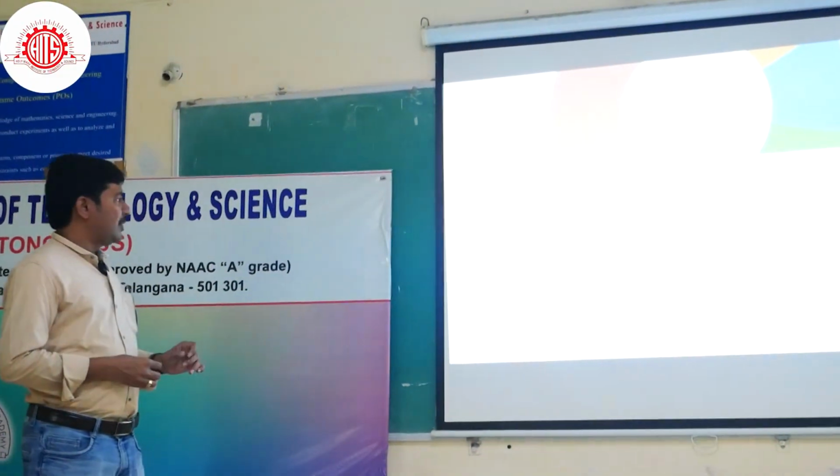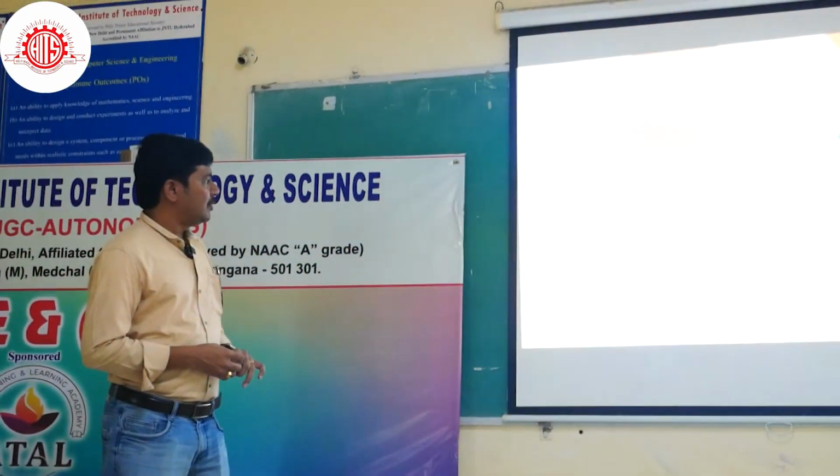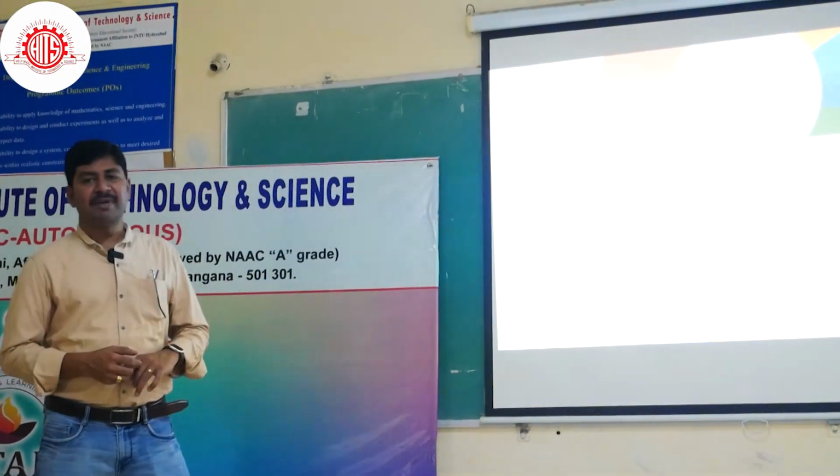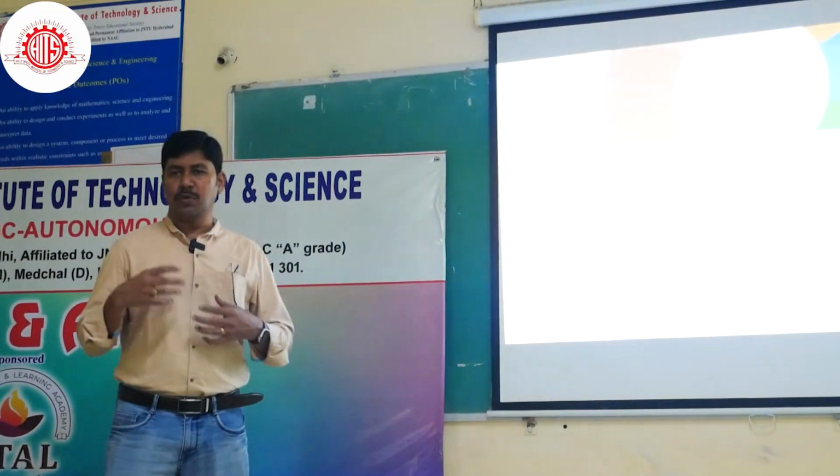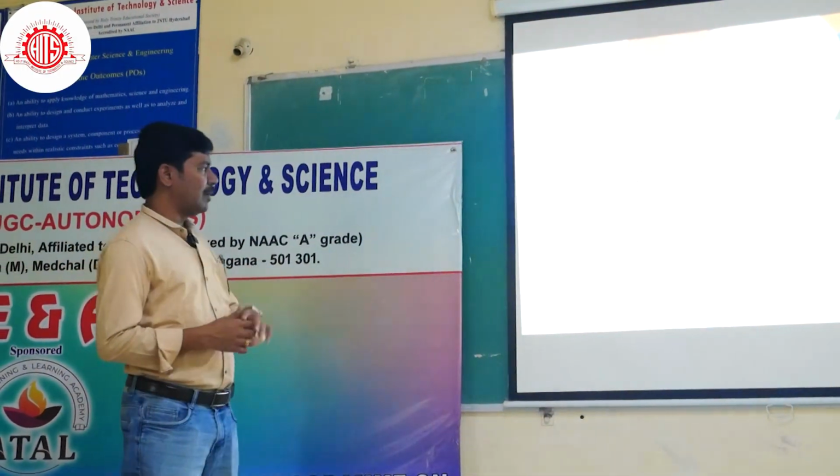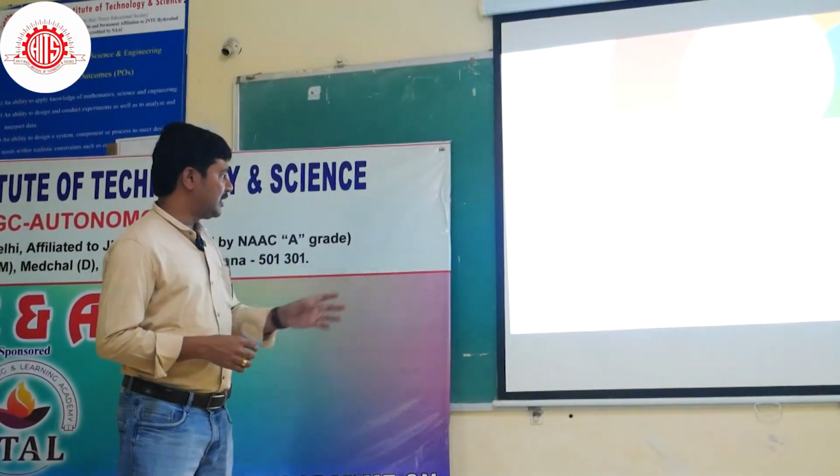Next. If you come to the overview, what are waste to energy technologies? How is this waste converted into energy? There are two methods: one is the thermal process and the other is the biological process. What is the thermal process?